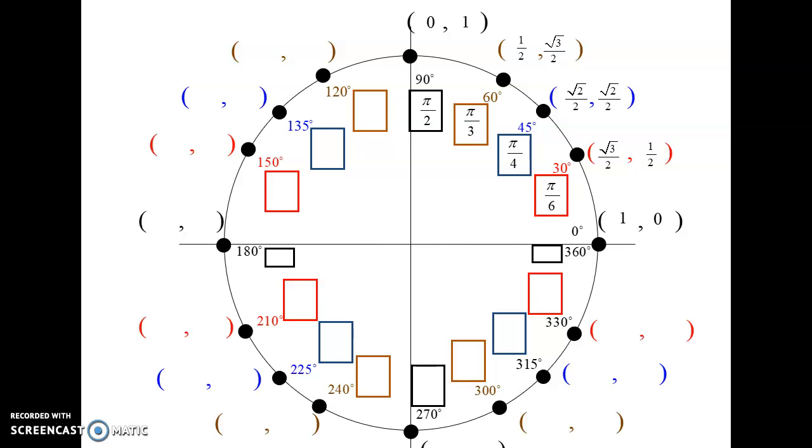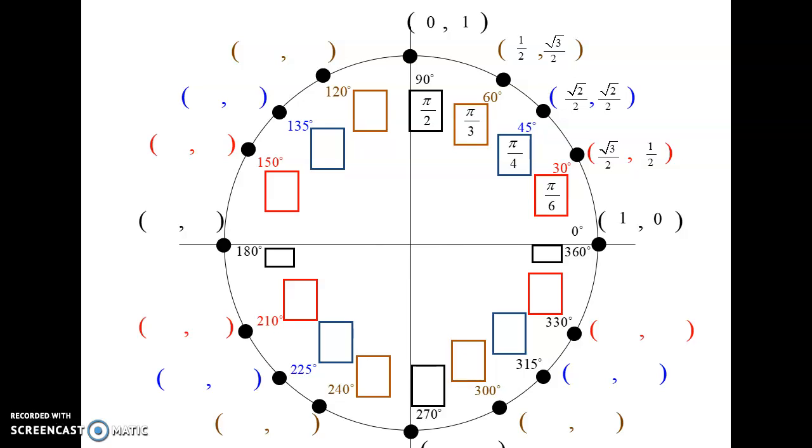Now, on the rest of the unit circle, the values are going to be related. It's just they're going to change signs depending on where they are on the coordinate plane. So in quadrant 2, up in the top left-hand corner, all the x values will become negative. The y values will stay positive. If we go to quadrant 3 in the bottom left, both the x and the y values of your point will become negative.